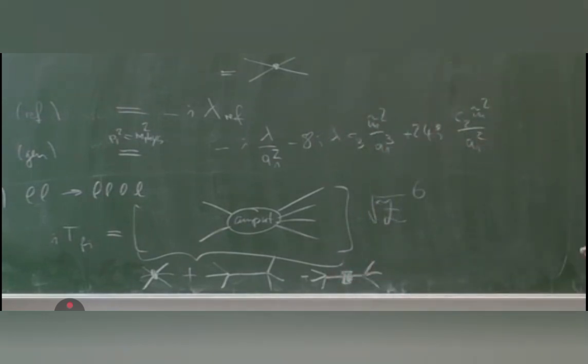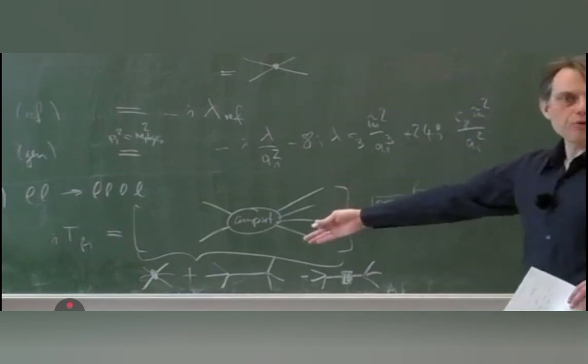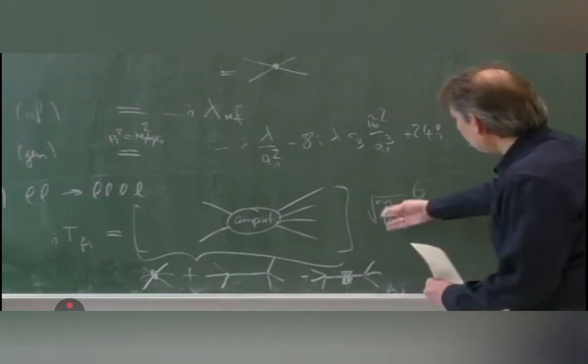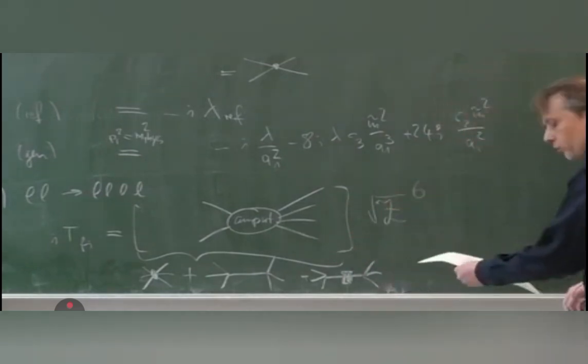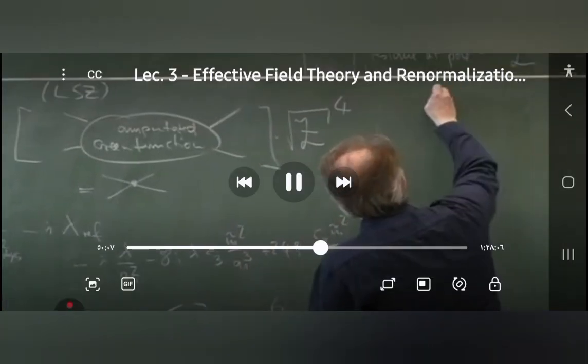And then we need to plug in all the Feynman rules. Again, we set in the general theory the external momenta to the physical mass and multiply with the square root of Z, and you can find the calculation in the notes. Let me just give you the result.